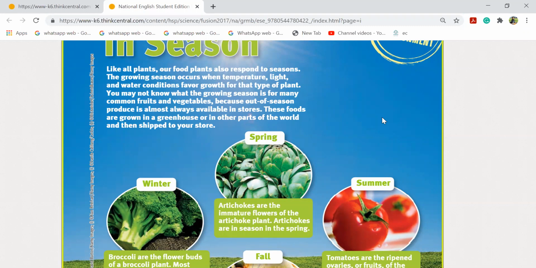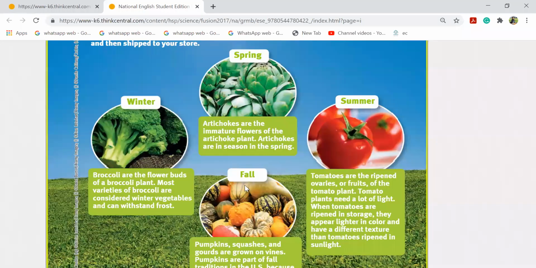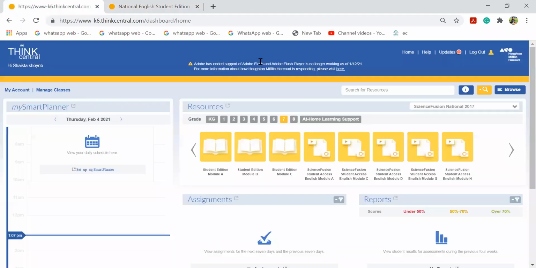In fall and autumn, the pumpkin and the watermelon look weird. Well, they are showing the four seasons here: broccoli, summer tomatoes, and spring is this one. In this picture the pumpkin looks a little weird, but they are normally pumpkins. This one is only in fall, right? Yes.